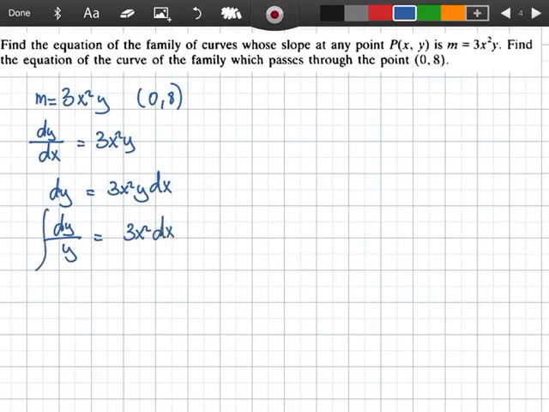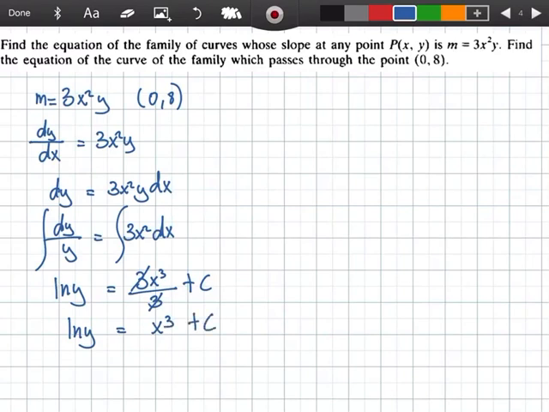And then, integrate both sides. What is the integral of dy over y? This becomes ln y. And then, this is 3x cubed over 3 plus c. The 3 will cancel. So, ln of y is equal to x cubed plus c. The c, we can also write as ln of c, because ln of c and c are both constants of integration.